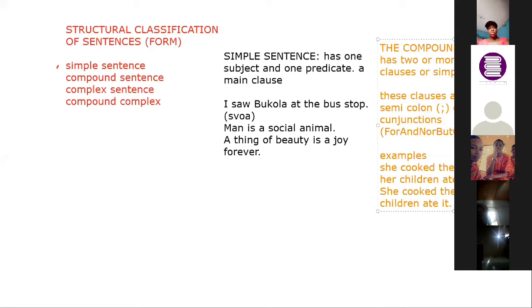So let me give you more examples of compound sentences. Let me use another coordinating conjunction.